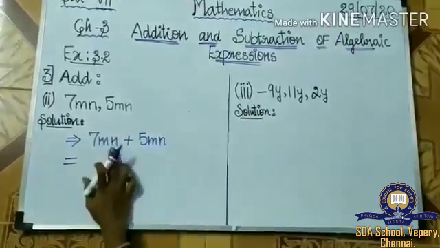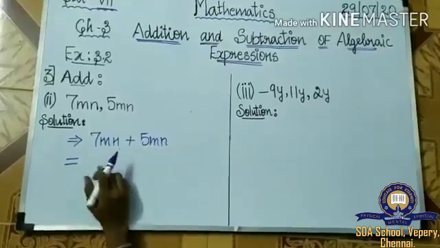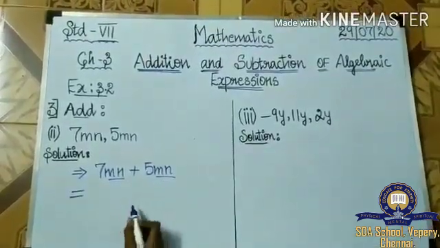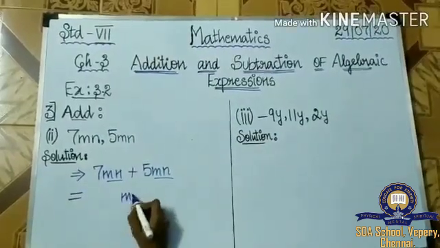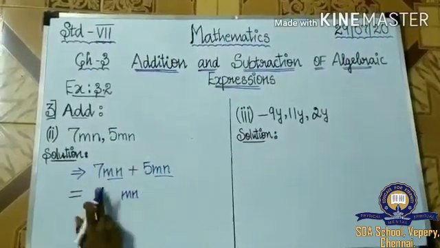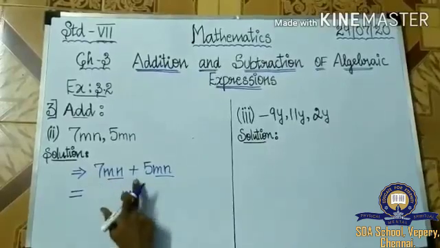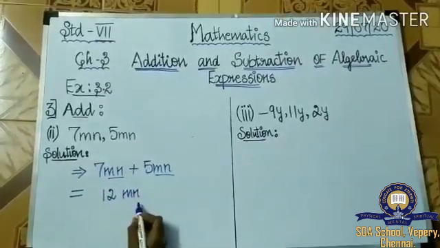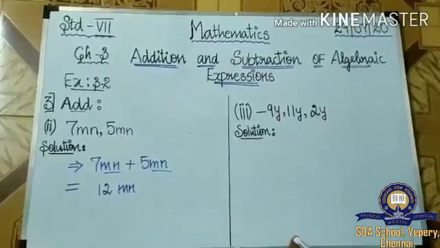Okay, 7mn plus 5mn. Here we have two variables, which we can write as a single variable mn. So we are going to add 7 plus 5, and we will get 12mn. Okay, are you clear? Let's move on to the third sum.